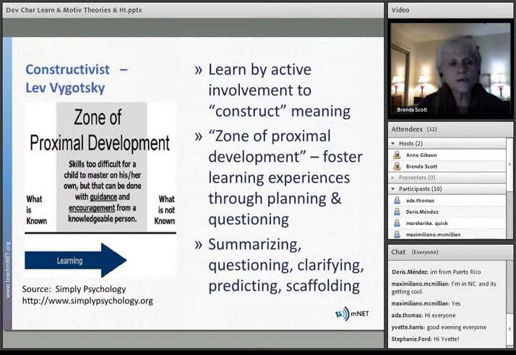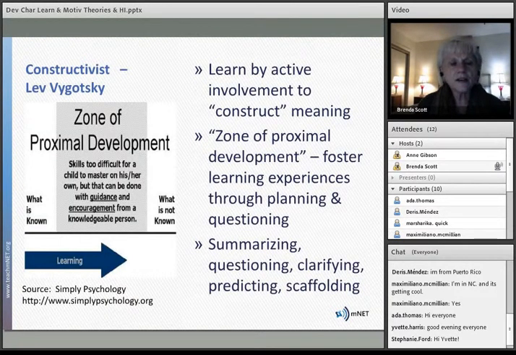The other concept that Vygotsky talks about quite a lot is the zone of proximal development. If you look over there to the left, there's a little model of that. It reminds me a little bit of that disequilibrium thing from Piaget.